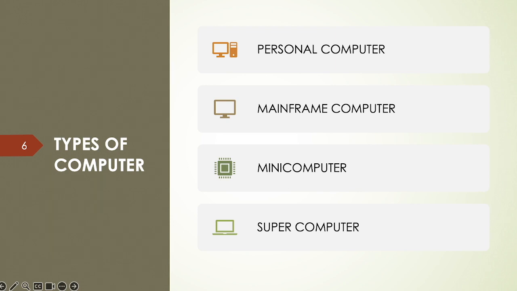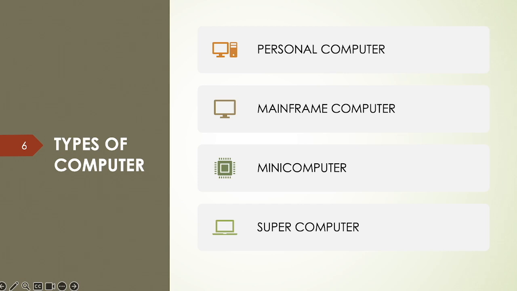Then mainframes are computers similar to supercomputers, but the difference is that supercomputers could be, for example, what big companies like Facebook use.